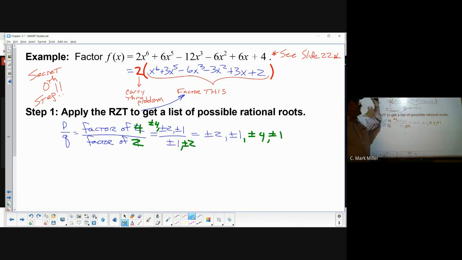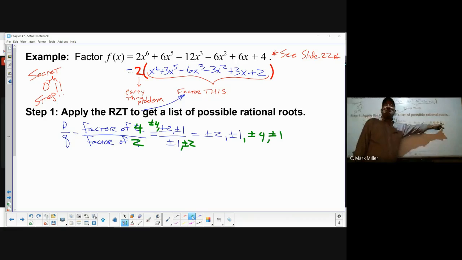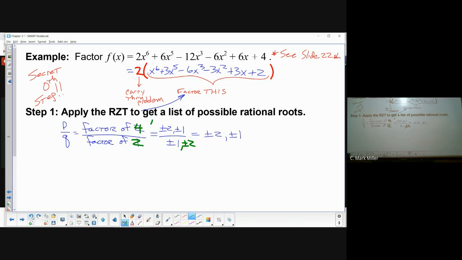If you didn't do the secret first step, you would have wound up with 8, so you'd have more candidates to check. What's the punchline? Do the secret first step if it applies, if you can remember. It'll save you work. All right?